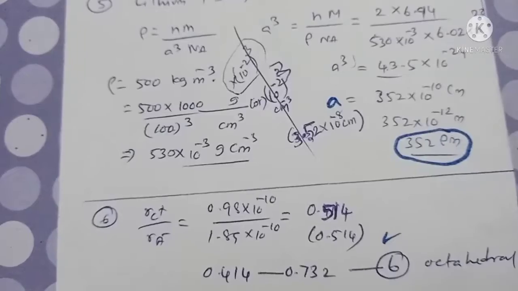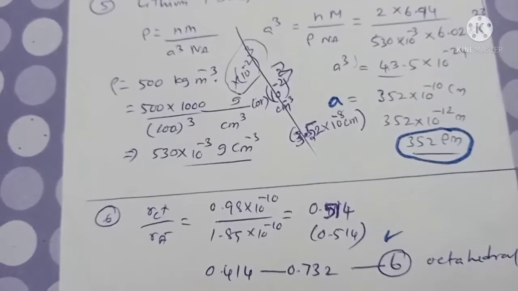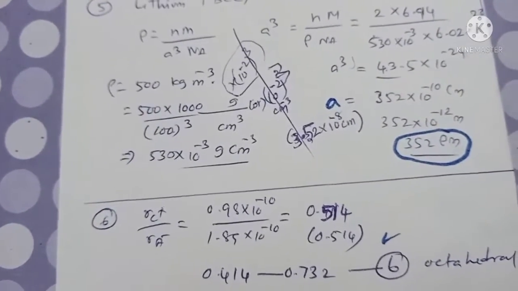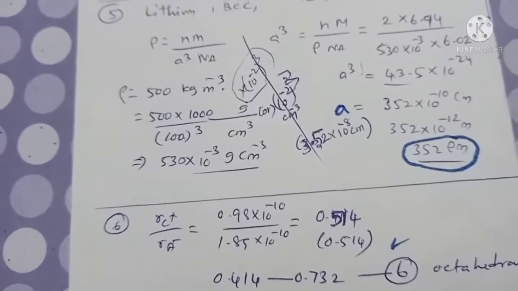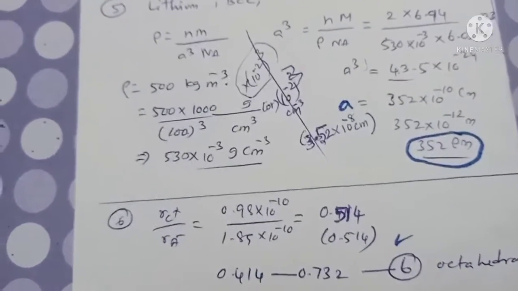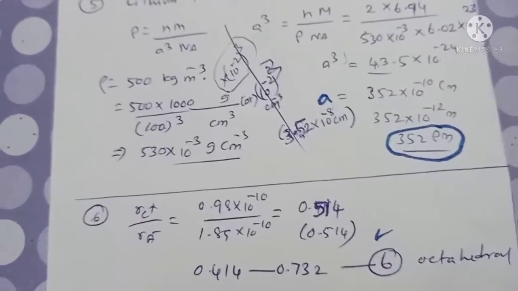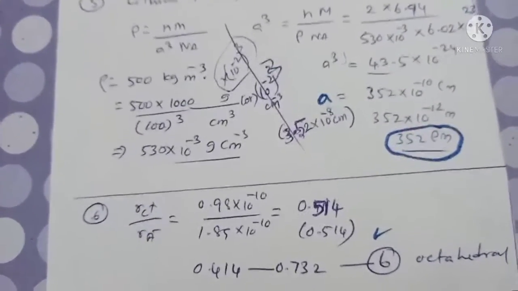This value lies between the range 0.414 to 0.732. If the ratio lies in this range, then the compounds generally have coordination number 6 with octahedral geometry.